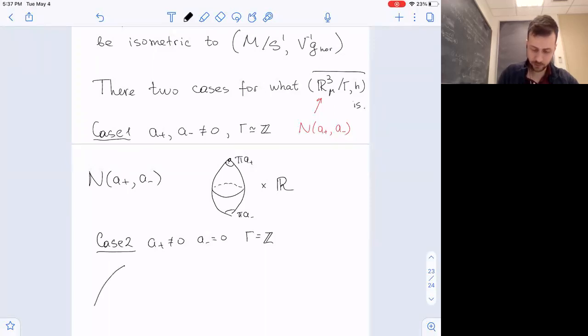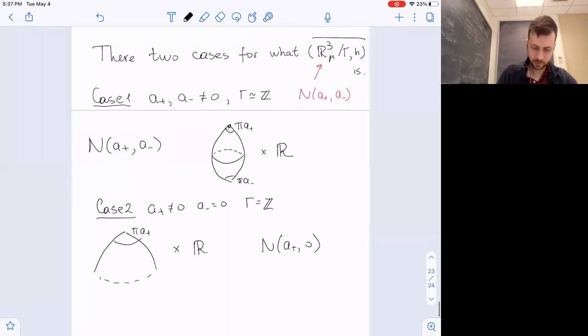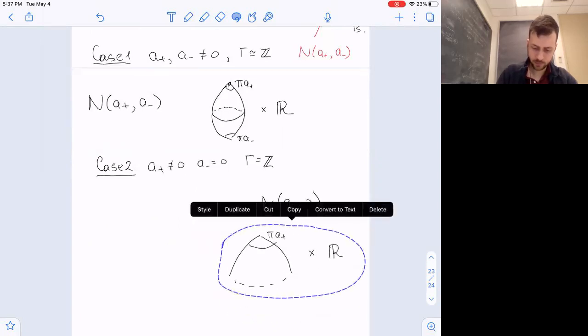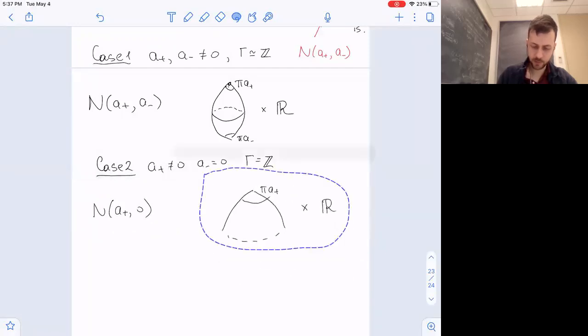You'll have A plus times R. And maybe let me call it N A plus 0. You have these two pictures.